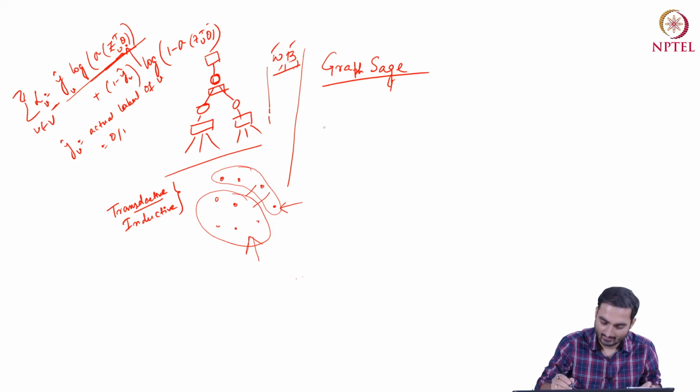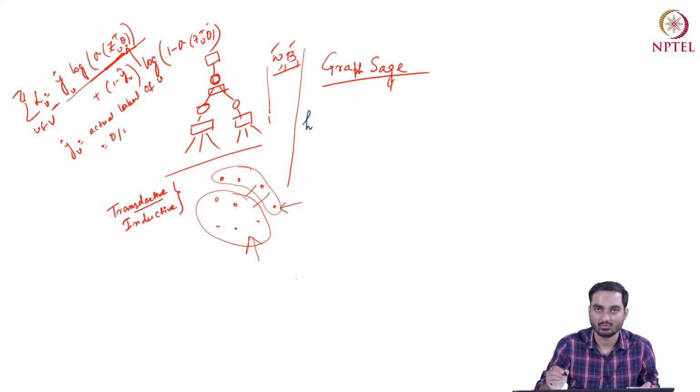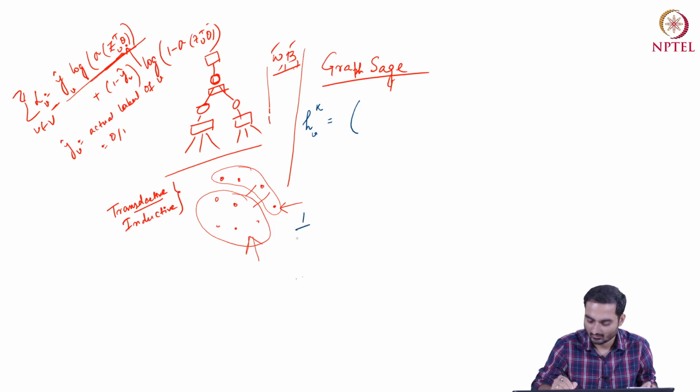The embedding of a node V at depth k, or at time k, would be something like this. In GCN we used some sort of weighted average, and the weight was 1 by NV, the same for all the neighbors, aggregated and then averaged. So here we make it generic: let us use any aggregation method.